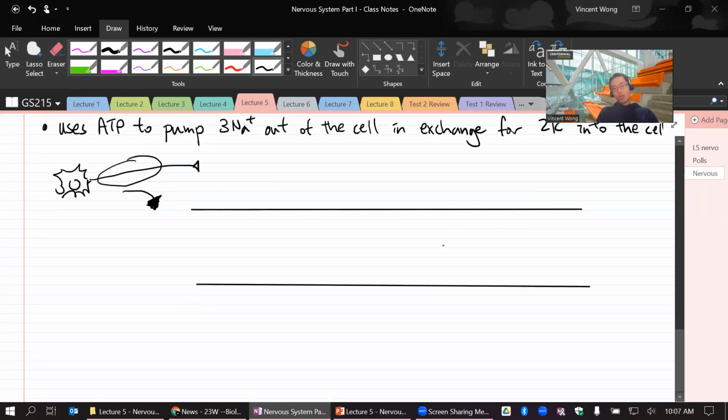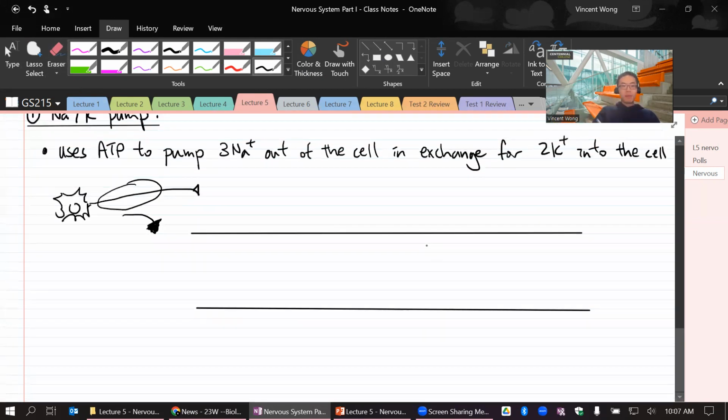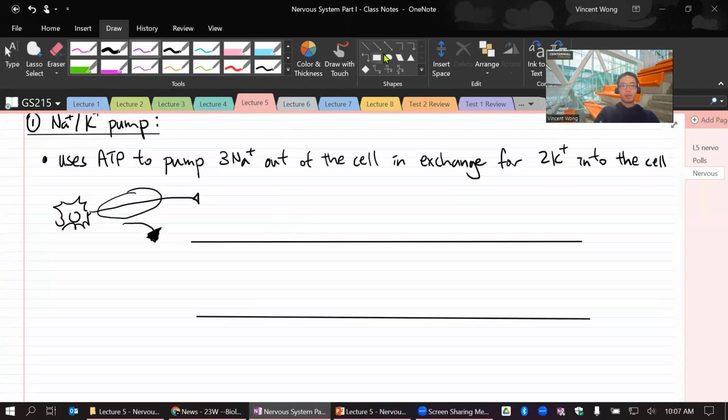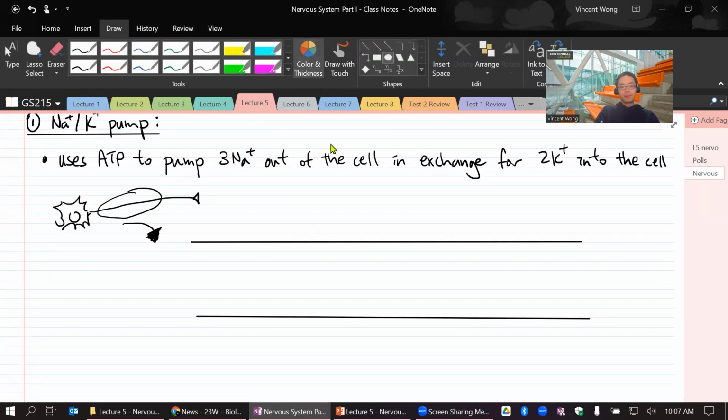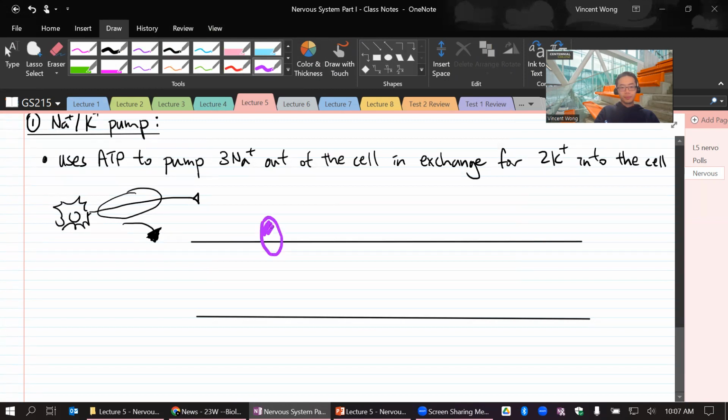And located along the axon membrane, we're going to have a bunch of sodium-potassium pumps. I want to represent them with these purple ovals. I'm just going to draw a few of them. So that's the sodium-potassium pump.